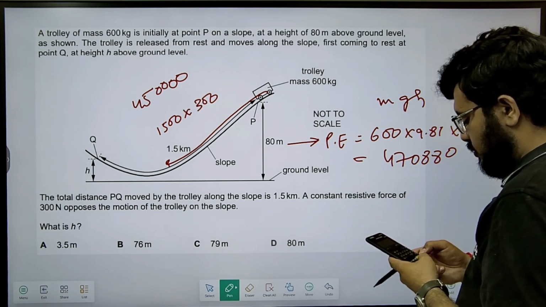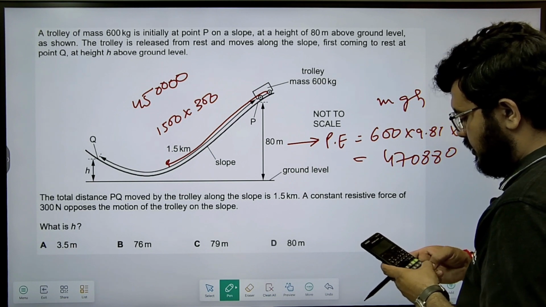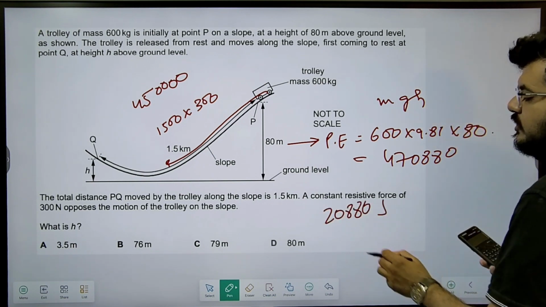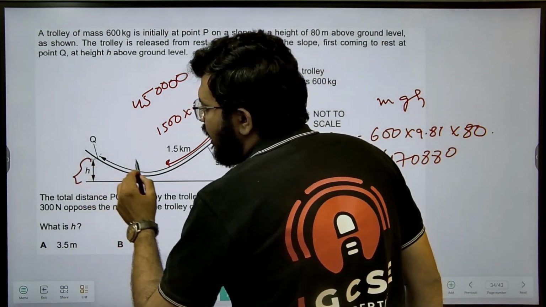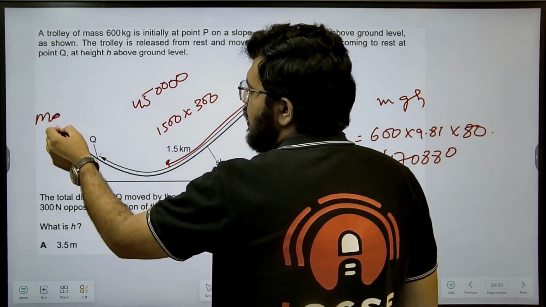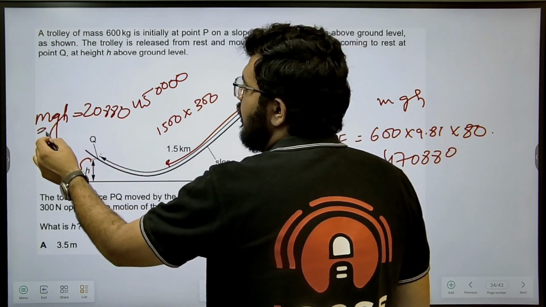470880 minus 450000 gives me 20880 joules of energy left, which will help it to climb this distance. So mgh should be equal to 20880. We know m and g.